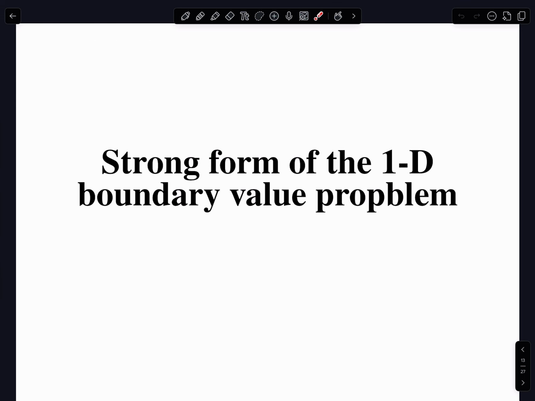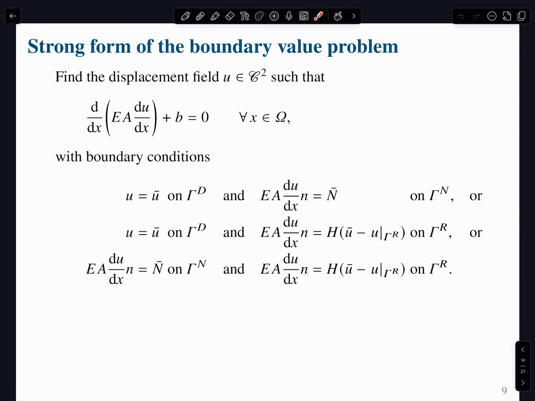All right. Since we have now seen the differential equation and the boundary conditions, we are ready to state what is called the strong form of the boundary value problem. Strong form means that our differential equation has to be satisfied everywhere. How do we do that?